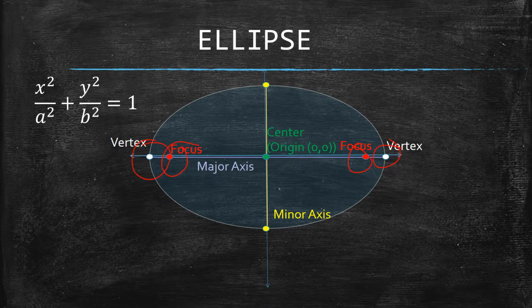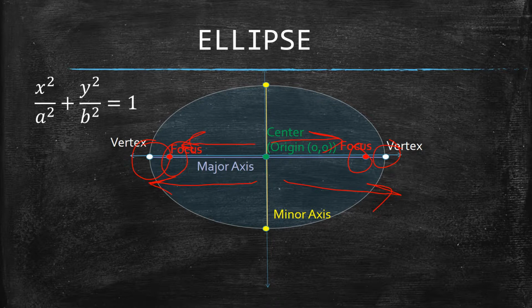The vertices are the points that are the furthest from the center of the ellipse, and they are on both sides of the ellipse. The foci are also on both sides of the ellipse, and they are located between the center and the vertex. And they are equal distances from the center on both sides.